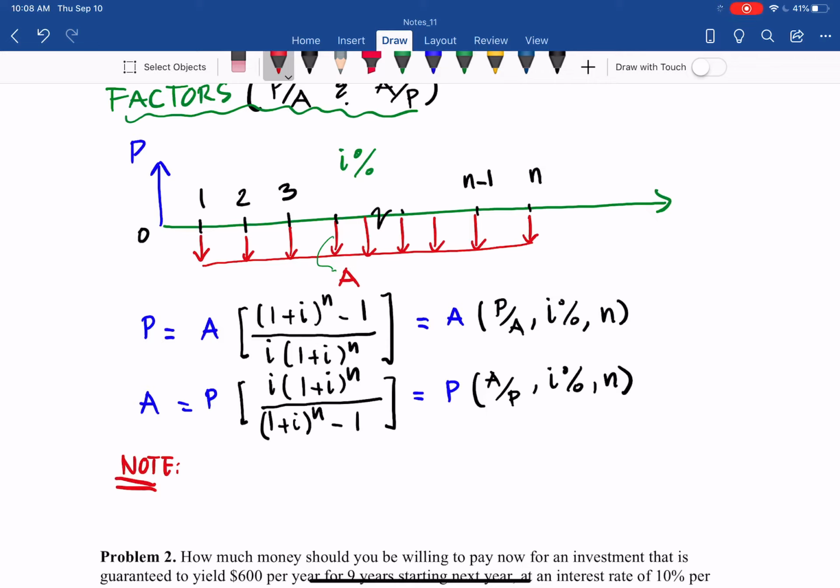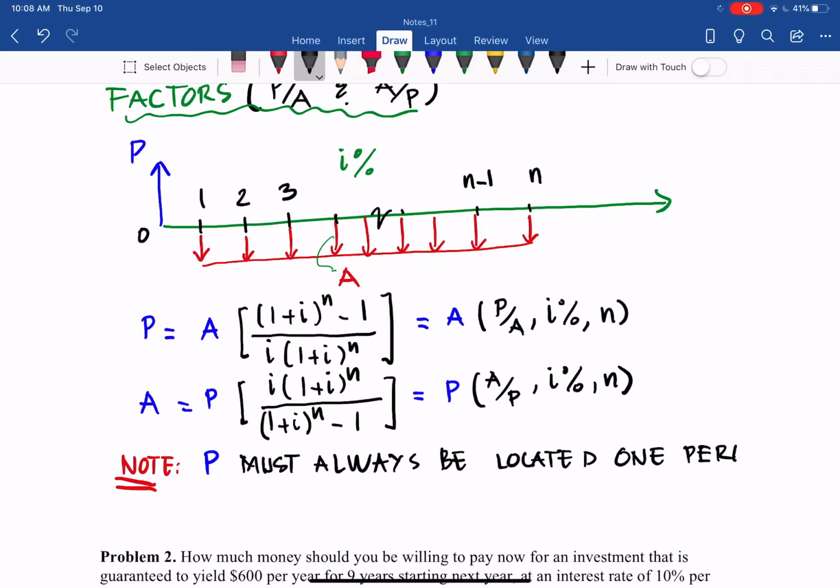The note here: P must always be located one period prior to the first A. The period can be months or years, depending on the scale you draw your cash flow diagram.